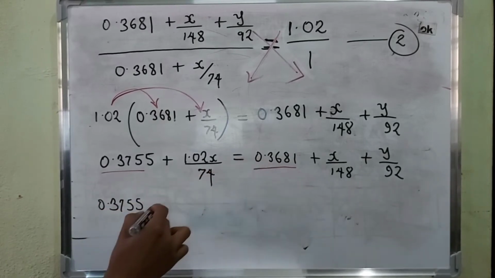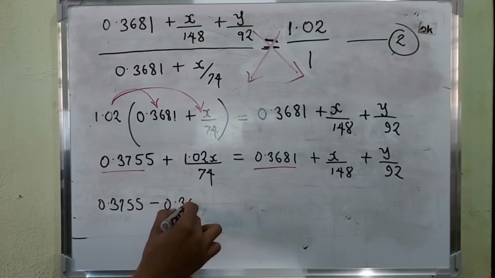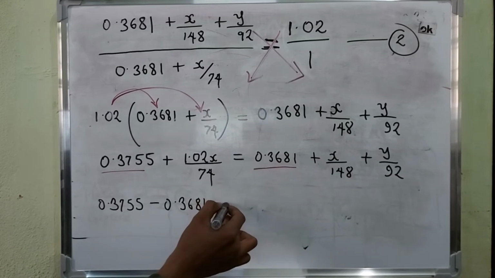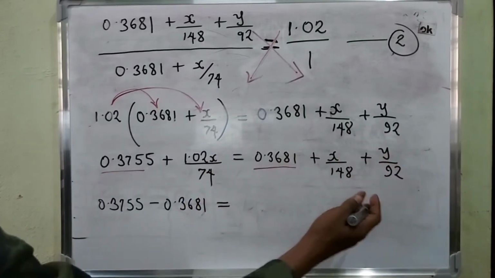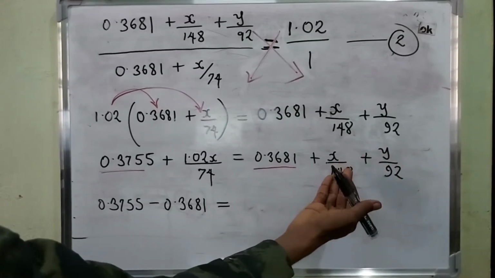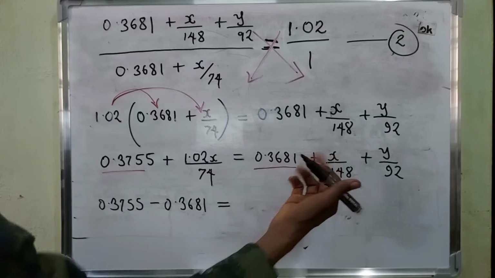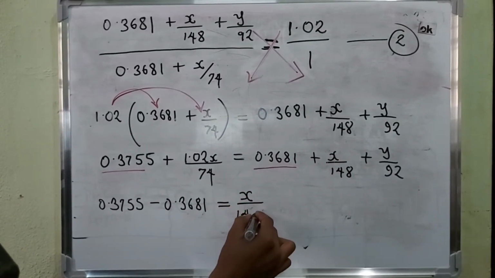0.3755 minus 0.3681, okay, equal to whatever is left, which is this value and this value. So let's start with this one. Bear in mind there's a common factor here, so I write this one first, x over 148.